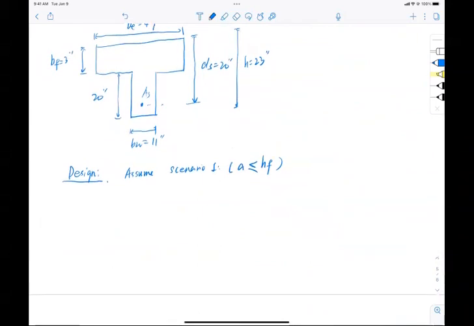Okay, so for this, I say, all right, step number 1, let me estimate the total reinforcement, just like what we do for a singly reinforced rectangular section, right? Because remember, the implication behind this is that treat the T as rectangular section.